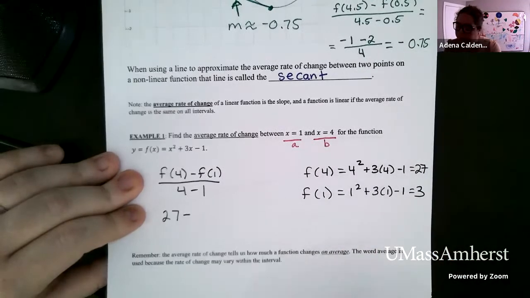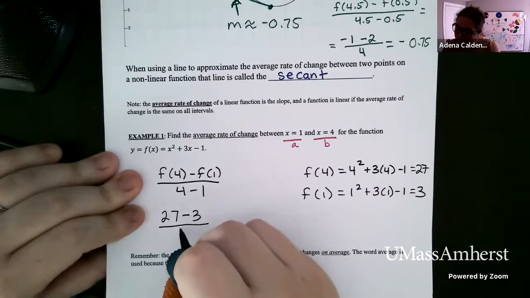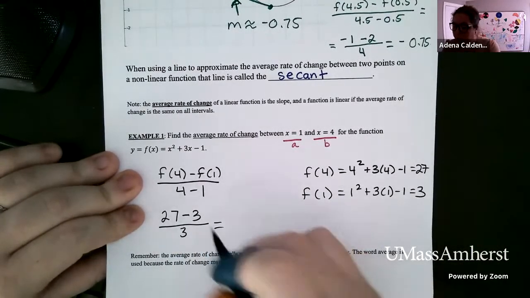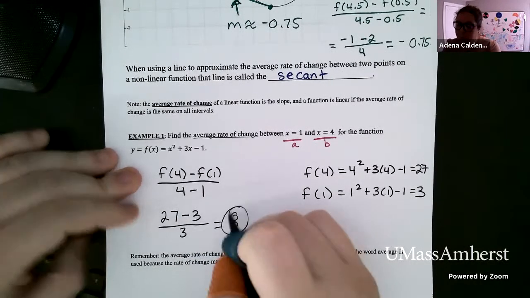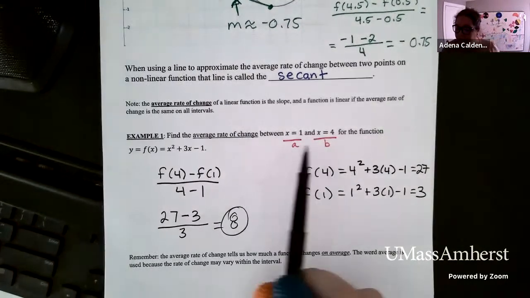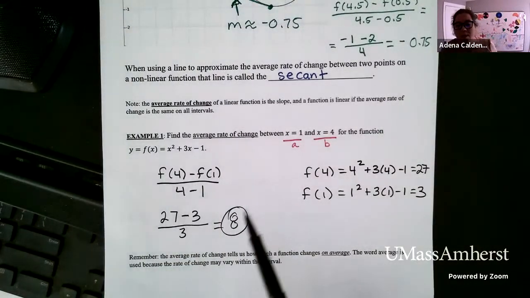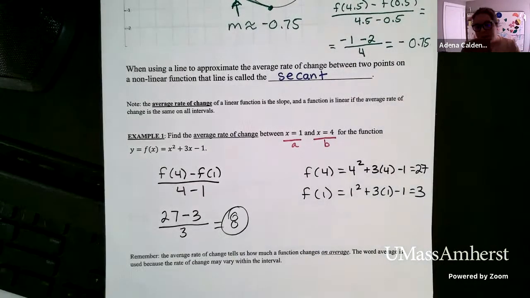That's going to give us 3, divided by, now on the bottom we have 4 minus 1, which is 3. So when we crunch this number, we get 24 over 3, which is 8. So the slope of the line that connects these 2 points on this function, the slope is 8. So our average rate of change is going to be 8.